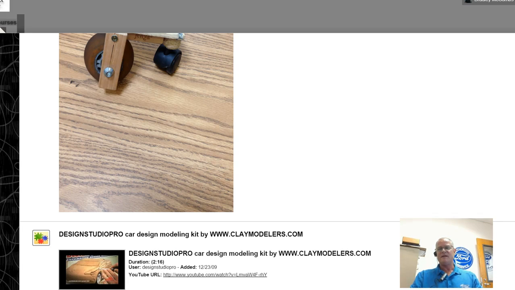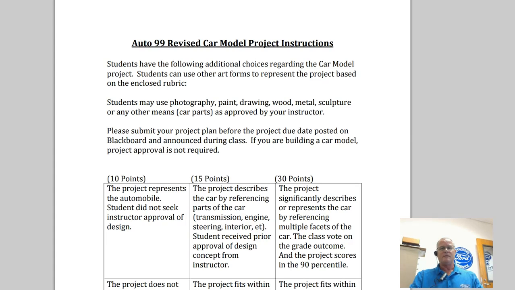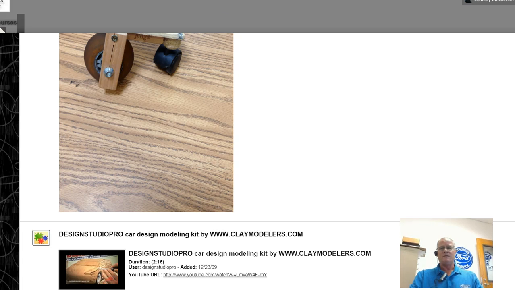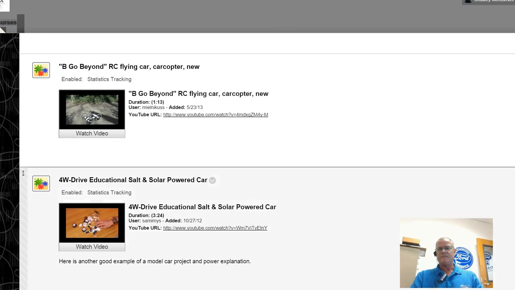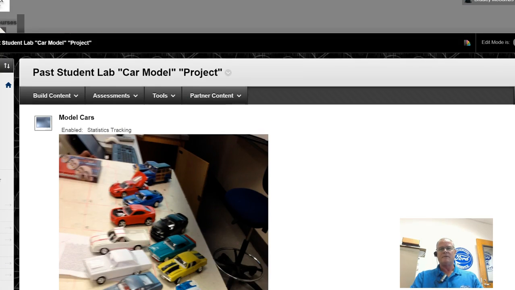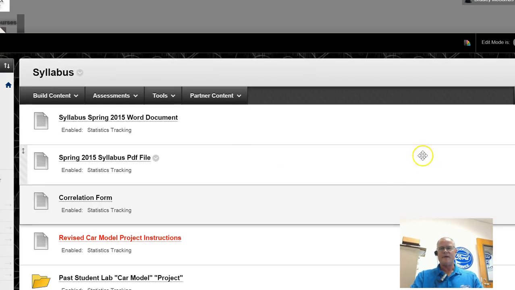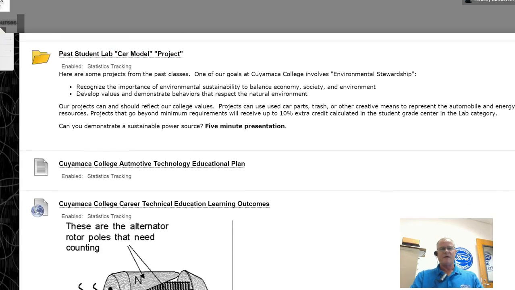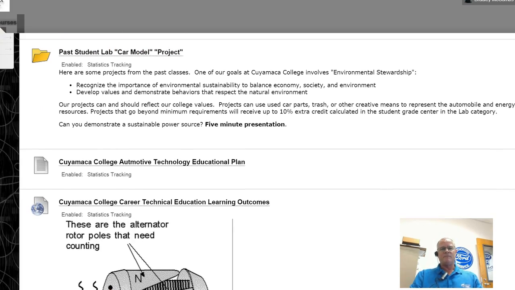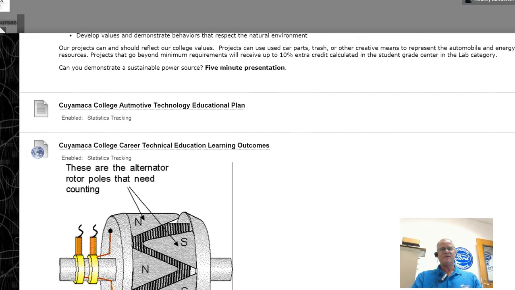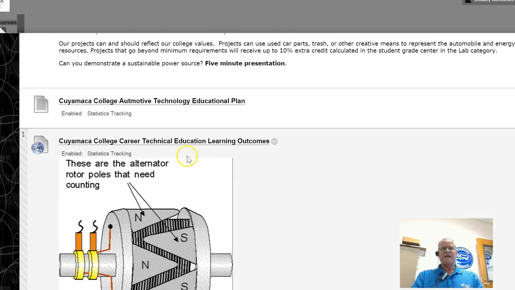I also include in the syllabus link the Cuyamaca College educational plan link that links to students developing an education plan, and also a link that provides college career technical education learning outcomes, which are very broad objectives.